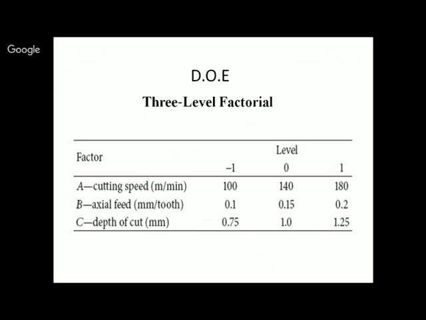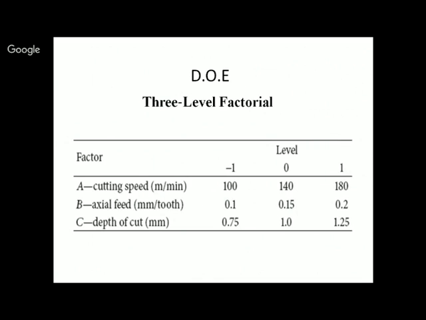Sure. For example, I have taken cutting speed as the first variable. The minimum limit is 100 and the maximum limit is 180. Beyond 180, my experimental work doesn't work because my insert cannot work above that, and below 100 it will take more time.